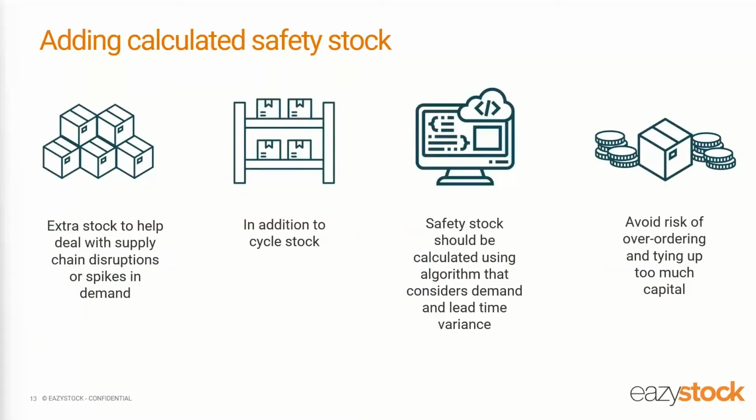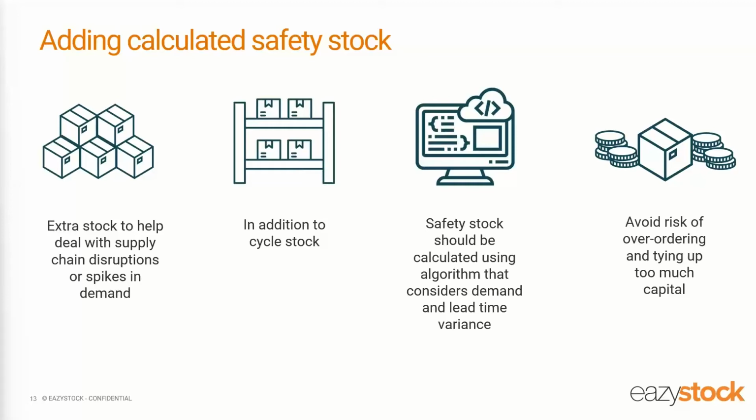Another area is this area of safety stock. Safety stock is a key element in a just-in-case strategy: carrying extra stock to help us deal with supply chain issues and even spikes in demand. So we really want to focus on this.